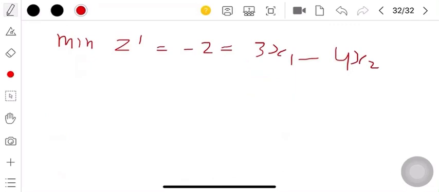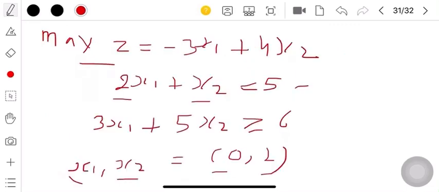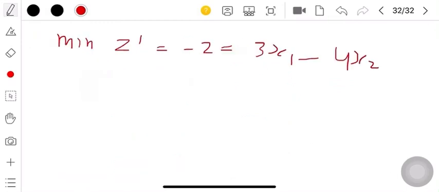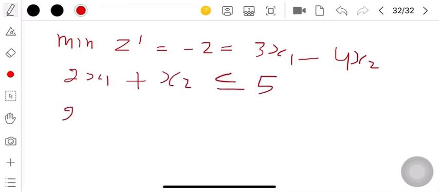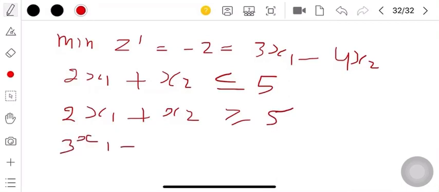Now we have one equality constraint, so just convert it into less than or equal to type. We can convert it to 2x1 plus x2 less than or equal to 5 and 2x1 plus x2 greater than or equal to 5. The rest is the same, and 3x1 plus 5x2 is greater than or equal to 6. So this is the second step. Now what you need to do is multiply the greater than or equal to constraints by -1.